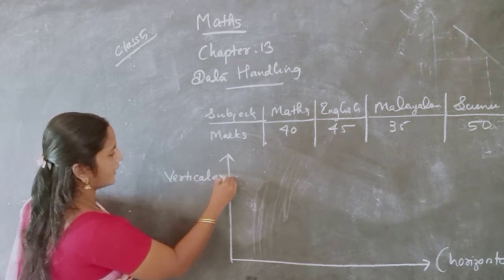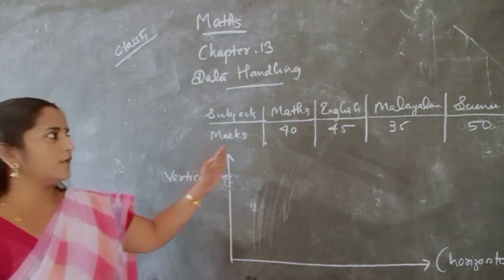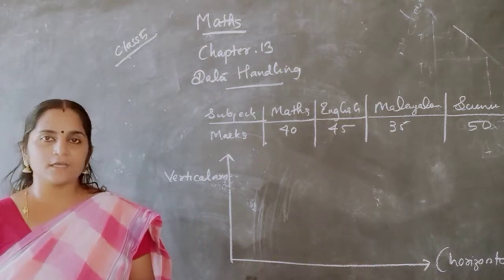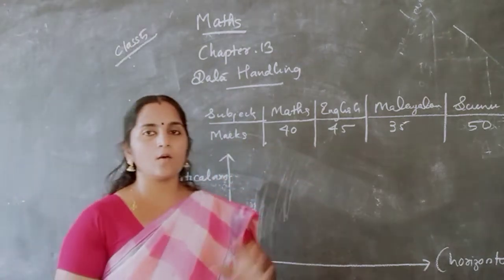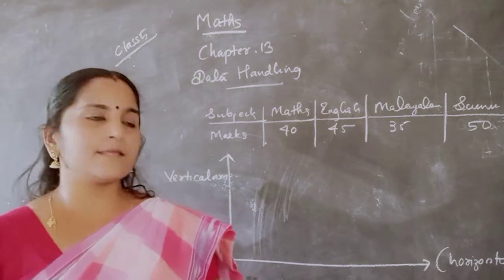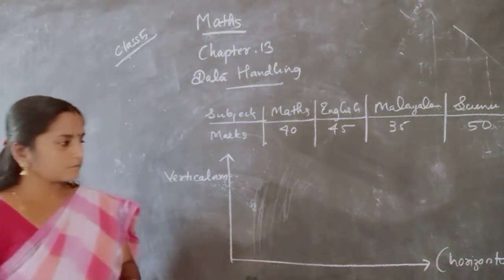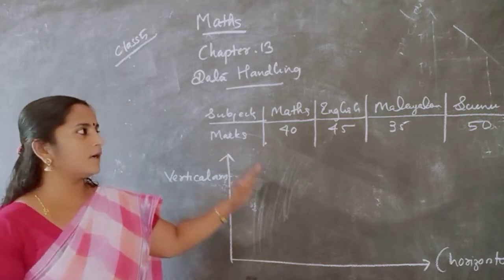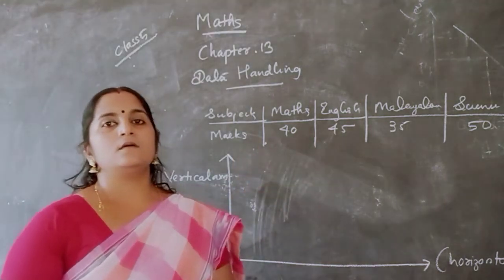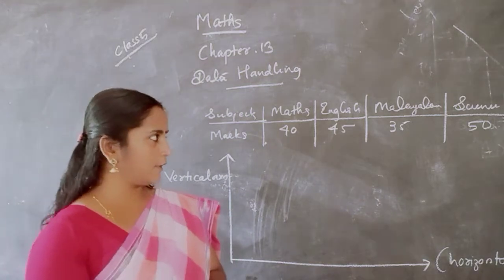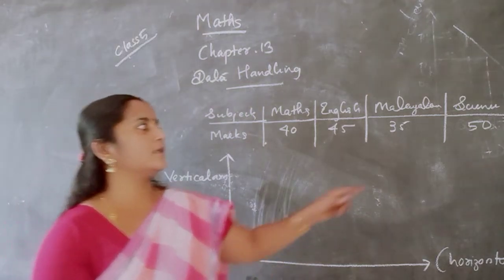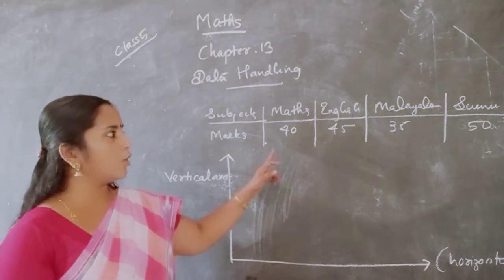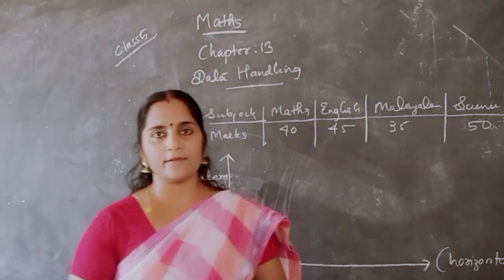Here we have two sets of information: the first is the subject and the second column is the marks. In this picture I mark all the subject marks here. It is clear that the highest mark is 50 and the lowest one is 35.